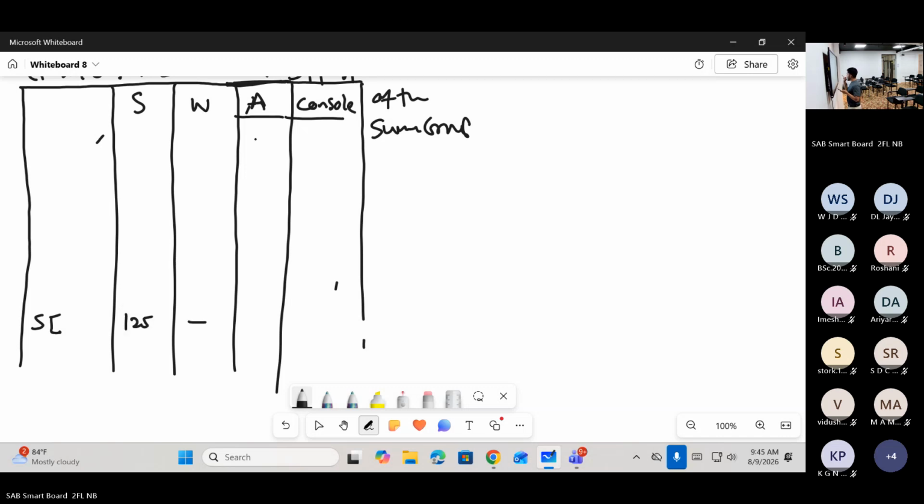$125. Consolidated capital, what is that? 125. Make a simple one. I know you know the console. What is that?